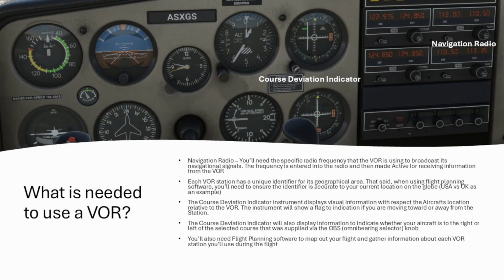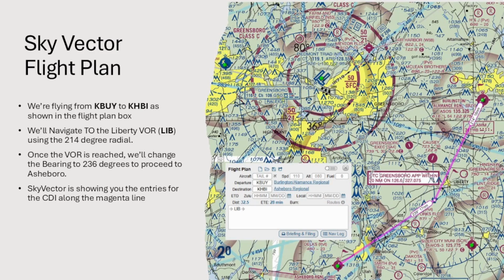In this particular case, not to take away from some of the stuff that's going to appear later in the video, we are using SkyVector to put together the flight plan, and that's what I use in this particular instance. There are lots of different planning tools that you can use for that. But at any rate, I wanted to give everybody a visual in terms of what the heck we are doing here.